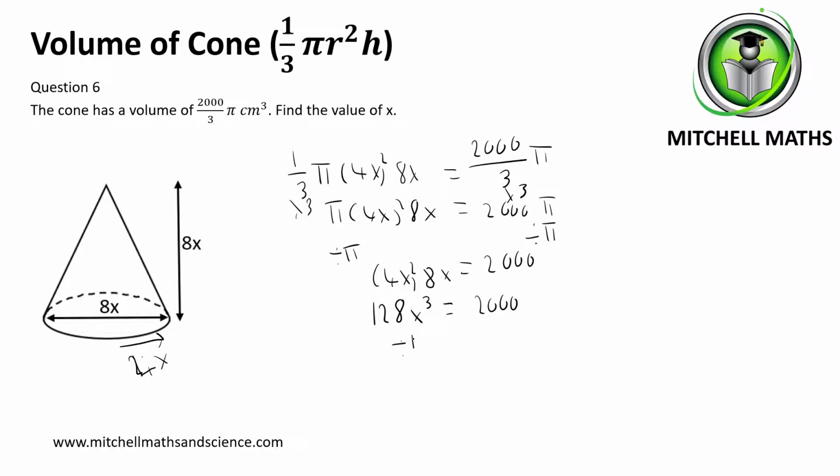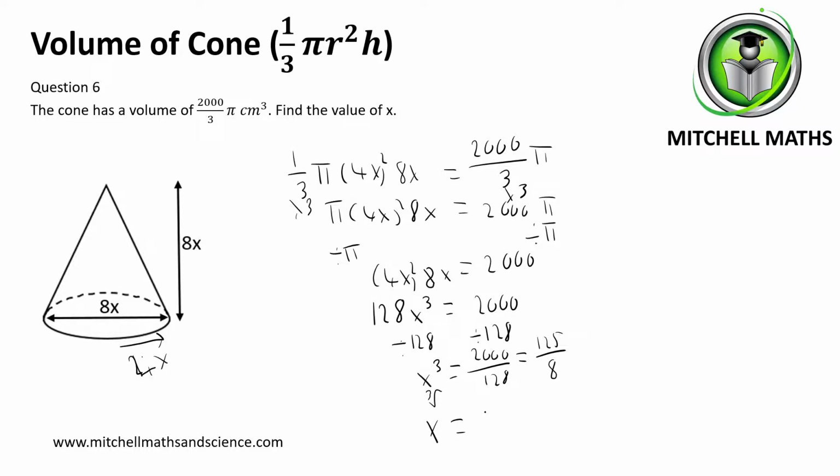I'm then going to divide by 128. So x cubed equals 2000 divided by 128. If you put that in your calculator, you'll find it's the same as 125 over 8. And the last thing I'm going to do is take the cube root of that to find x.